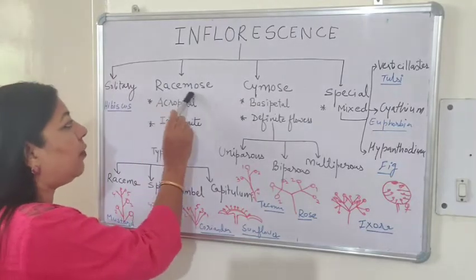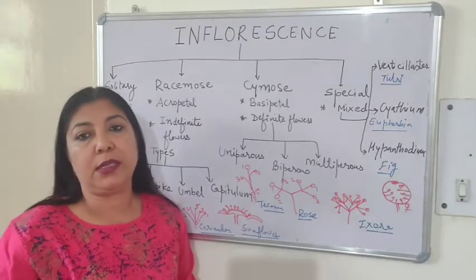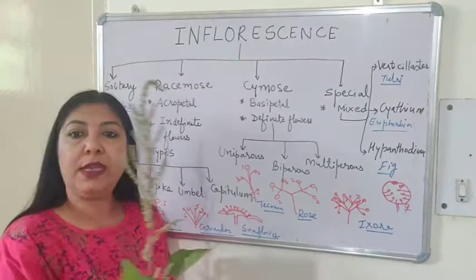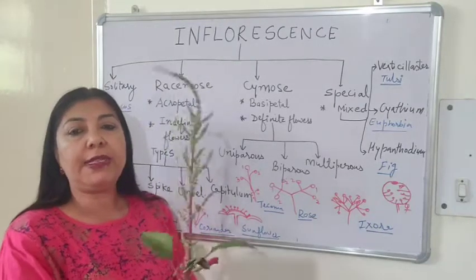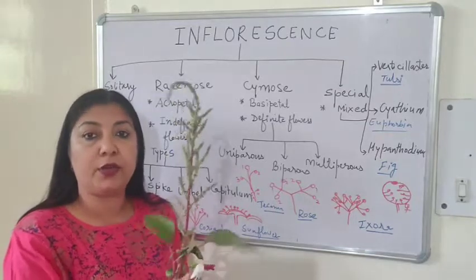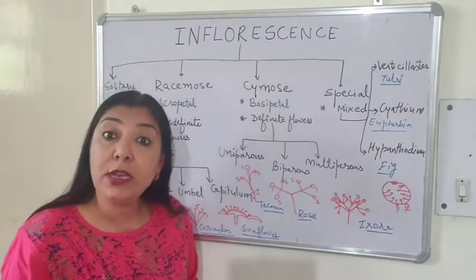Then the next type of inflorescence is called racemose inflorescence. This is an example of racemose inflorescence. I will tell you the details later on. Then the third type is called cymose inflorescence.